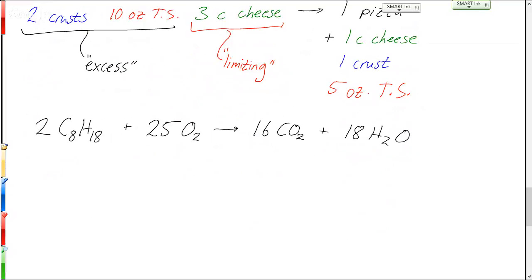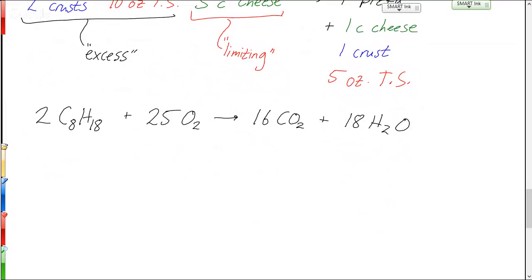And let's say that we have two moles of octane and 26 moles of oxygen. So in this case, which one is limiting and which one is in excess?